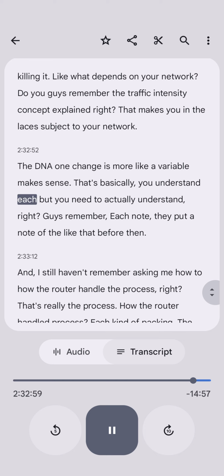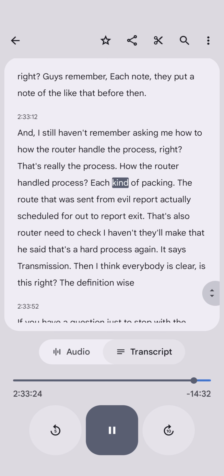You understand each delay, but you need to actually understand them, right? Each node, see I put the nodal delay. Remember you asked me how the router handles the process? That's related to the processing delay: how the router processes each packet, how it sends from the input port, scheduling for the output port.